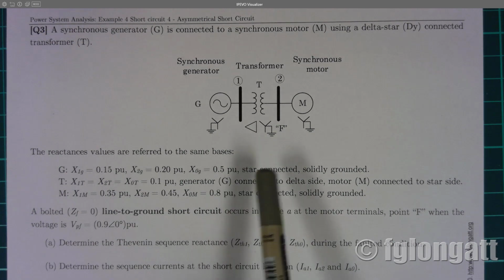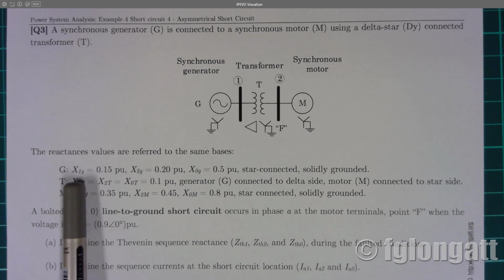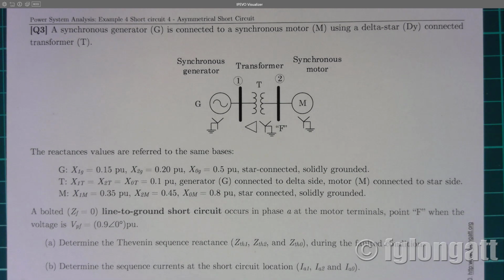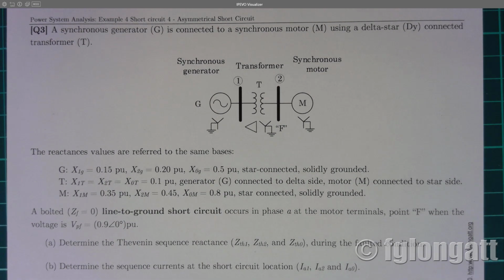Well, here there are some numerical data. As you can see, we are providing the positive, negative, and 0 sequence reactance for the synchronous generator. Remember the subscripts 1, 2, and 0 refer to positive, negative, and 0 sequence respectively.